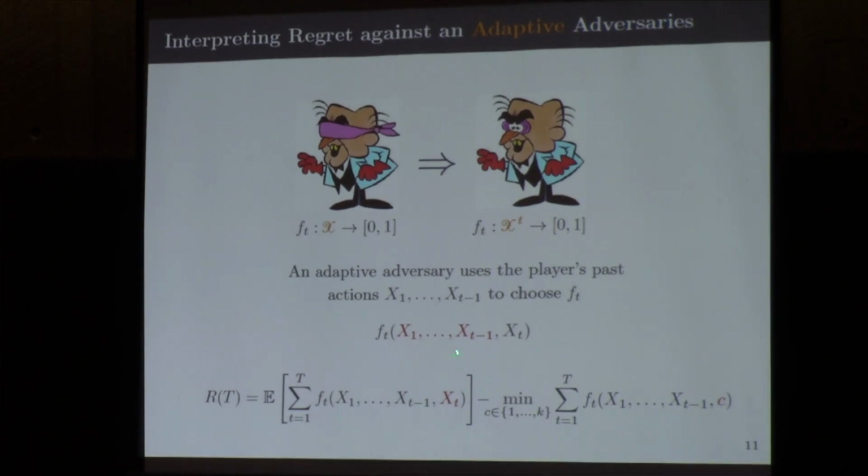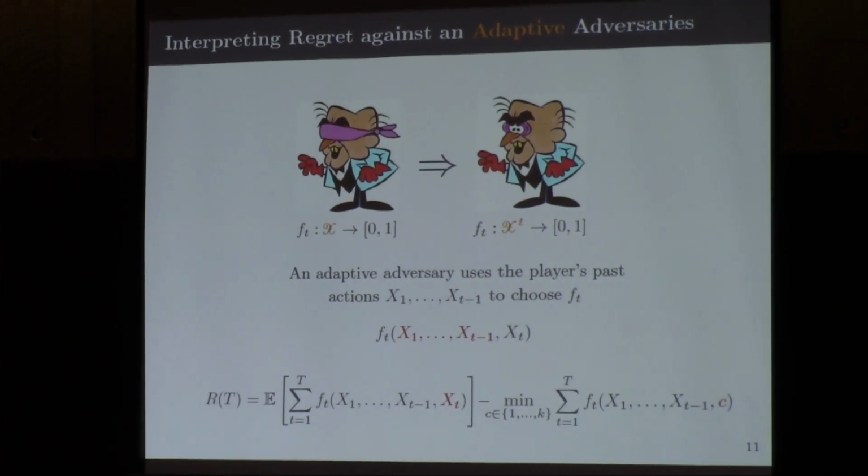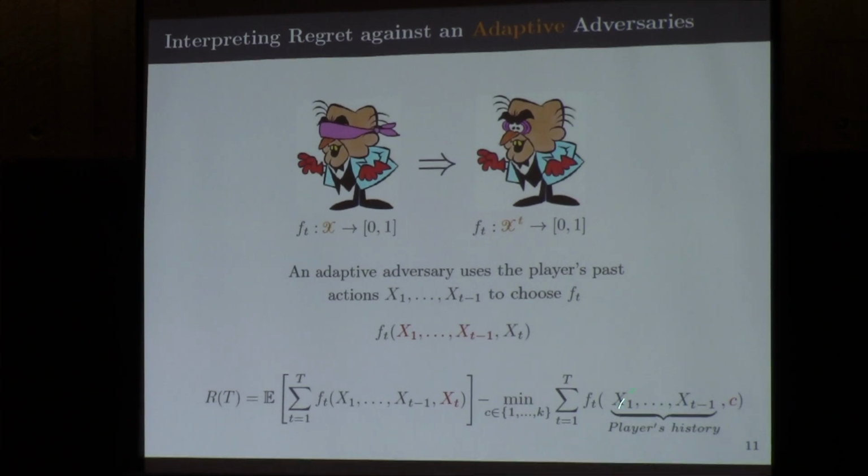So if I use this notation, this is what my loss functions are, and I rewrite what the regret is in terms of this notation, then the regret is actually comparing the losses accumulated by the player with competing strategies, again think of this as a constant pull of an action arm, on the losses that are generated based on the player's history. Right? So x_1 through x_{t-1} is the player's history, and the competing strategy that's being followed is evaluated on the loss functions that are generated in response to the player's actions.